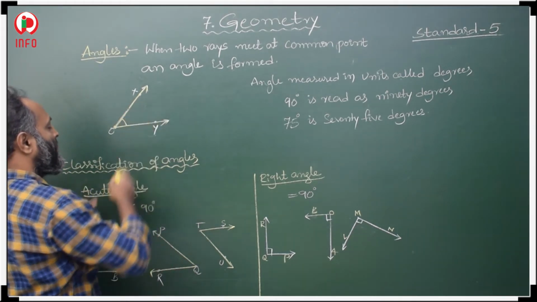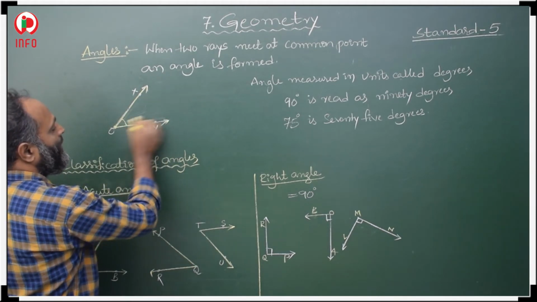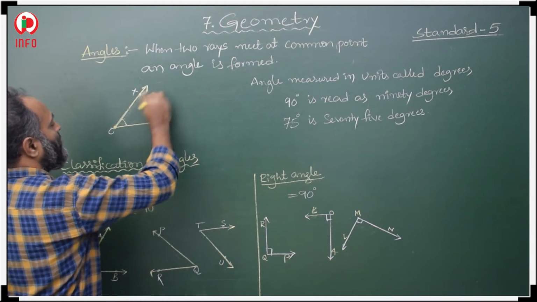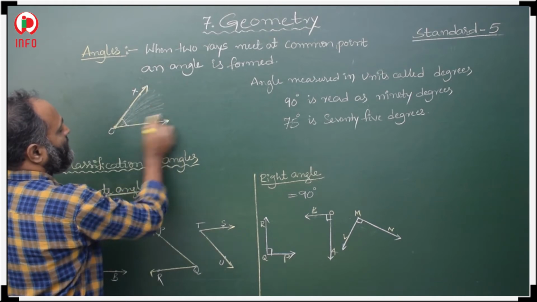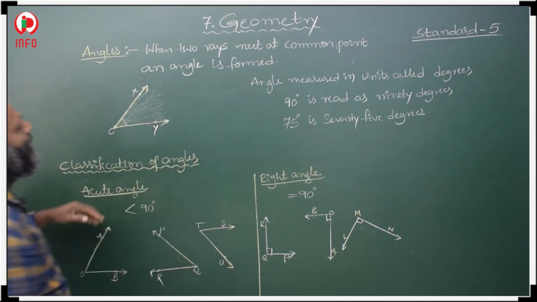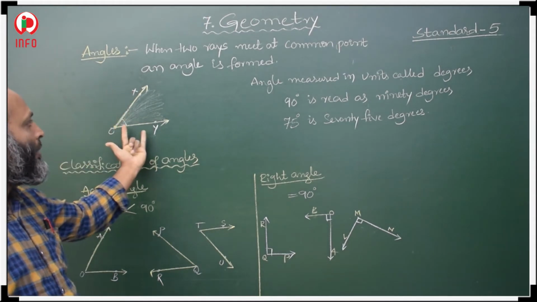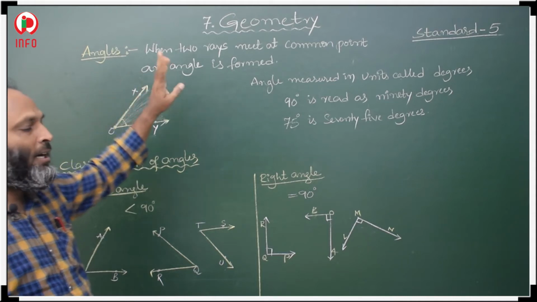This complete portion is our angle. Okay, this portion is the angle. When two rays OX and OY meet at a common point, an angle is formed.